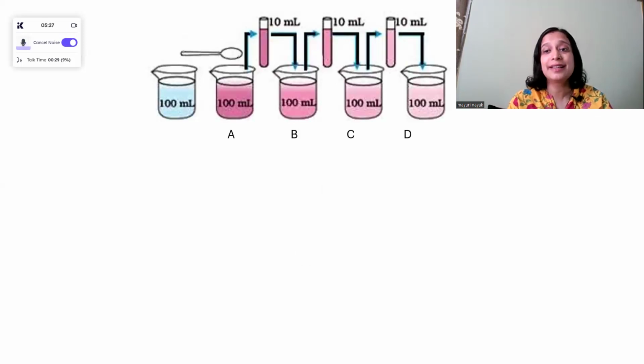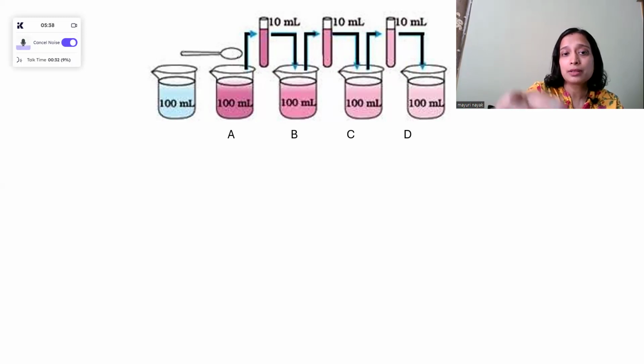Now here is another example, as we know, potassium permanganate. A pinch of potassium permanganate is added to 100 ml of water. Now take 10 ml solution from beaker A and transfer it to beaker B, which also contains 100 ml of water. And slowly repeat it until it reaches beaker D. What will you see? Can you observe over here?